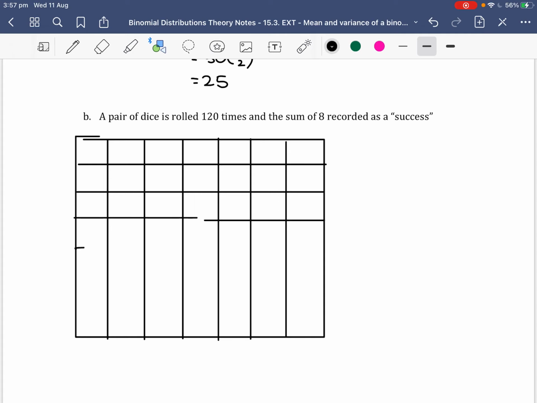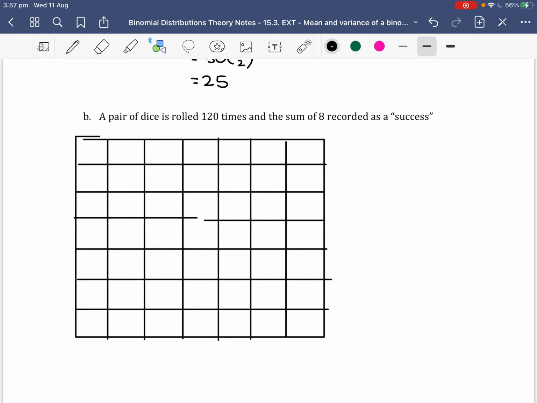Now we want to put our numbers in here, so this is 1, 2, 3, 4, 5, 6 along each side.